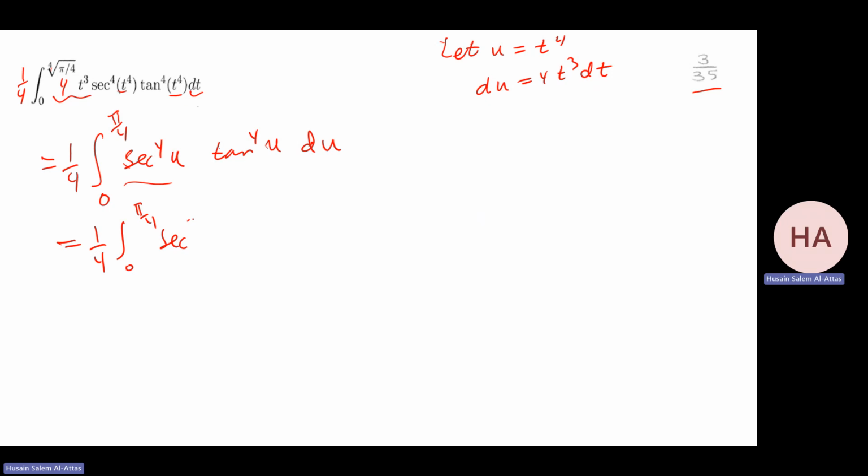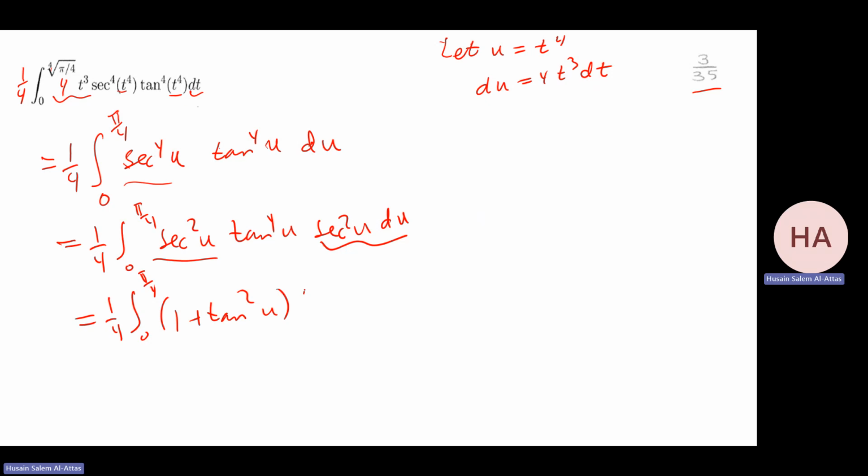That will be secant square u tan to the power 4u secant square u du. That will be my du. But I need to change this secant square into tan. That will be what? 1 plus tan square u tan to the power 4u secant square u du.